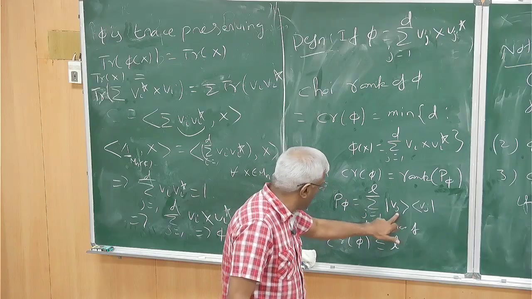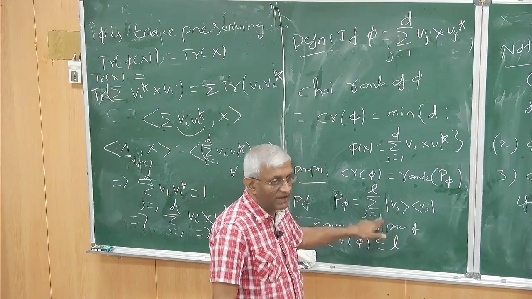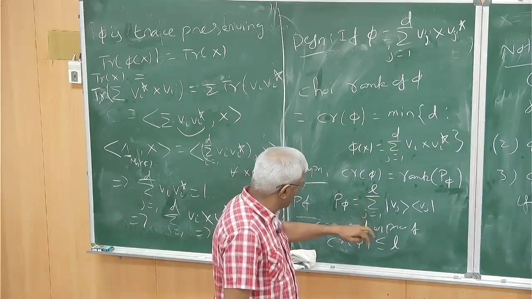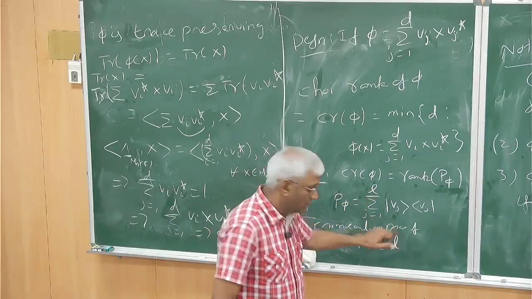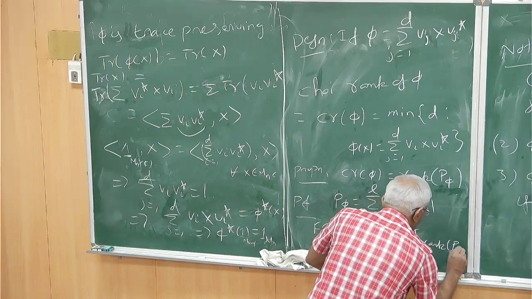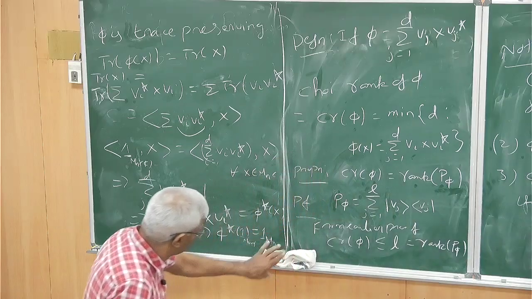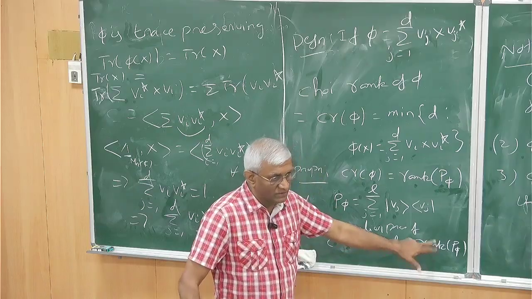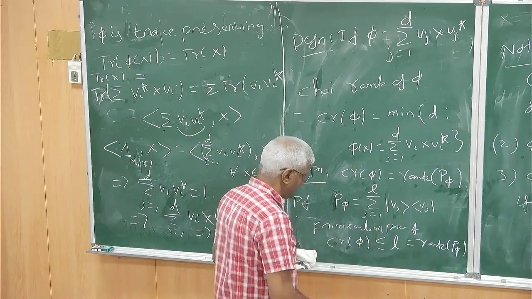These are all those eigenvectors for which the eigenvalue is positive. That's how we define it, right? So the rank will be exactly equal to that. So this is precisely equal to that. So the Choi rank is less than or equal to the rank of P phi. So we have to prove the other way only.